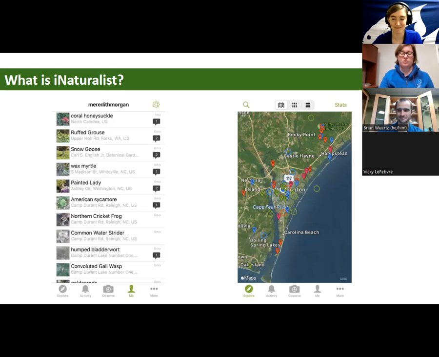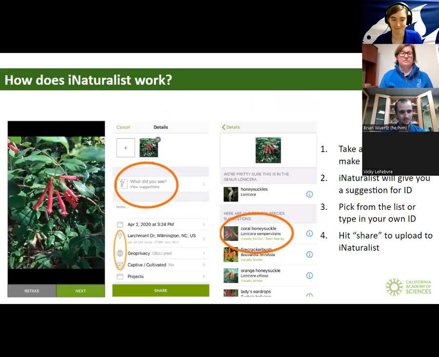The colors stand for different organisms. Green are plants, blue are animals, and red is fungi and insects. And the circles and the markers mean something a little different that I'll talk about later. So I don't want to go into that right now, but if you have a question about it, you're more than welcome to ask. So next slide, please.